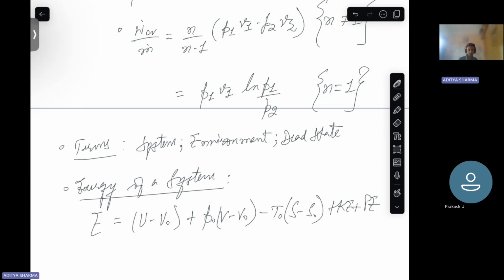If a system is in some particular state, what its exergy will be is defined by this particular formula.